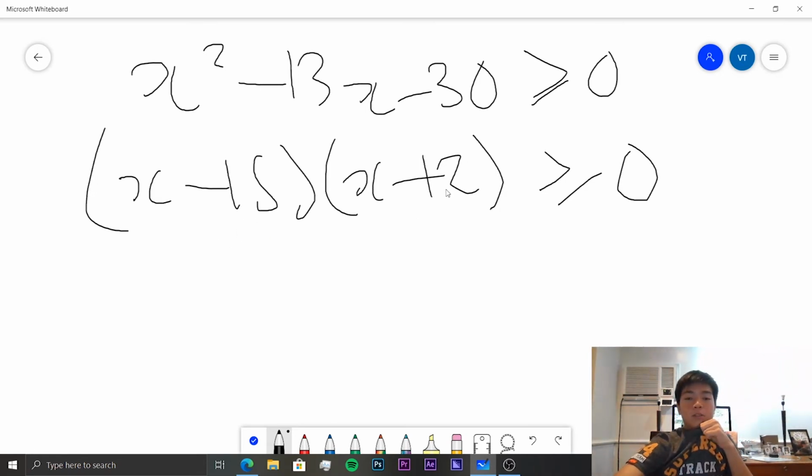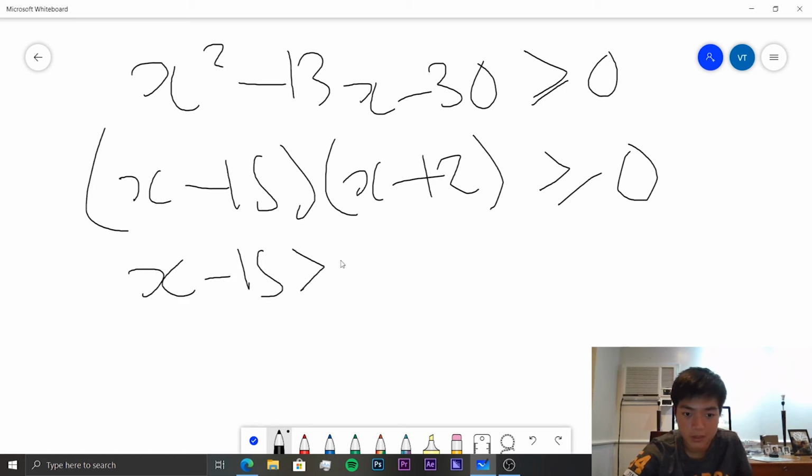We know x plus 2 will always be greater than x minus 15. So we need to find the values for which x minus 15 is greater than 0 or x plus 2 is less than 0.